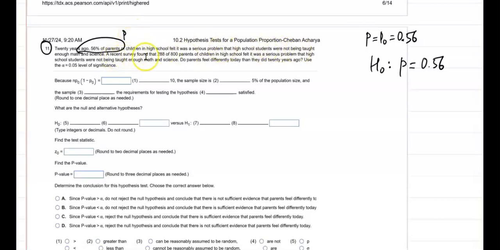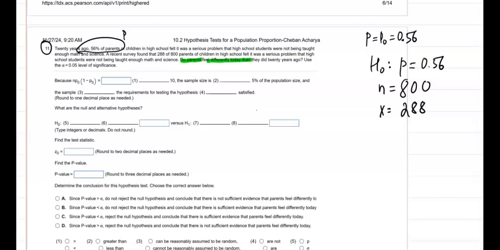Okay, a recent survey found that 288 of 800 parents of children in high school felt it was a serious problem that high school students were not being taught enough in math and science. So here, out of 800, this is the sample size, 288 found it was a serious problem. The last part of the sentence says, do the parents feel differently today?